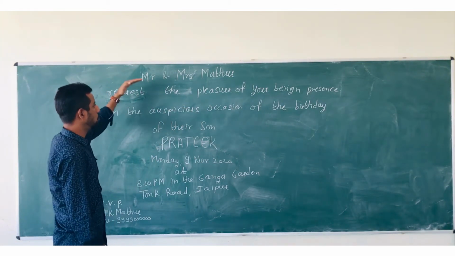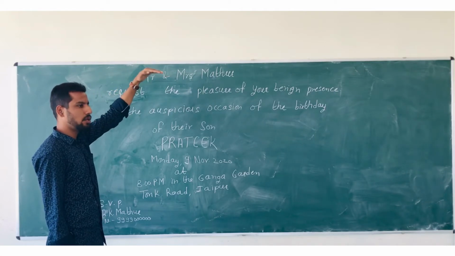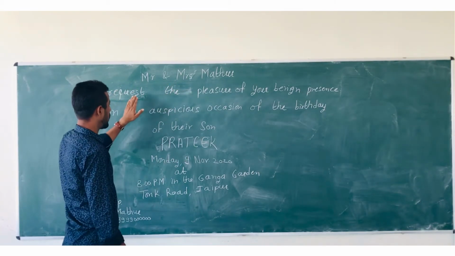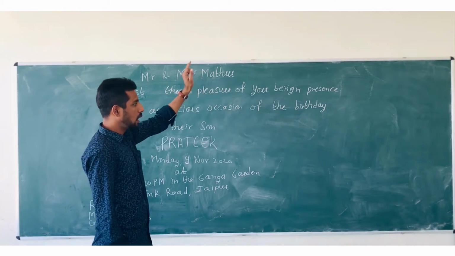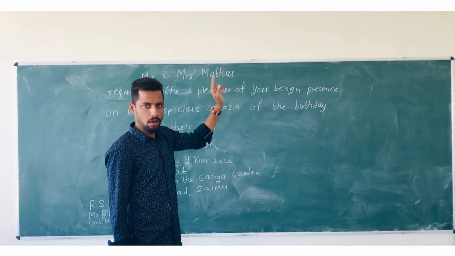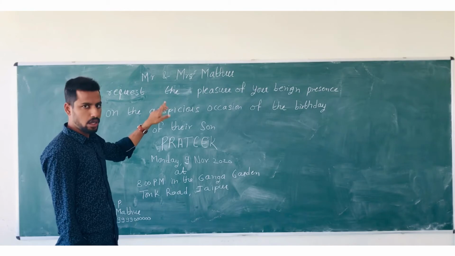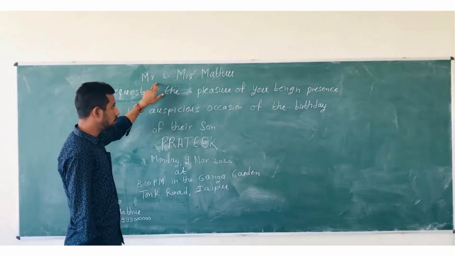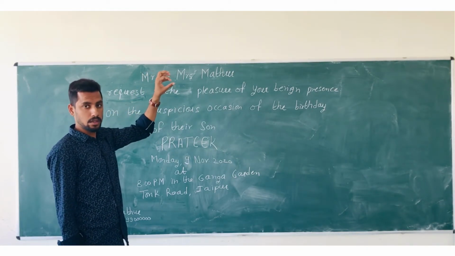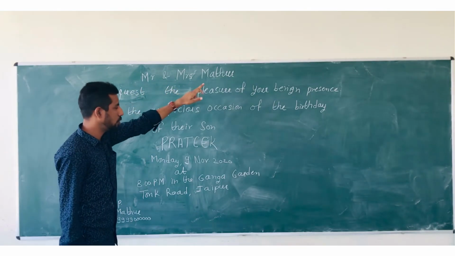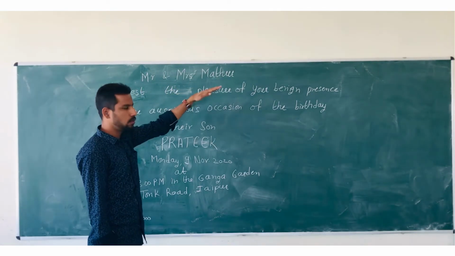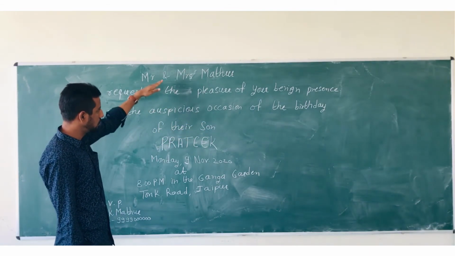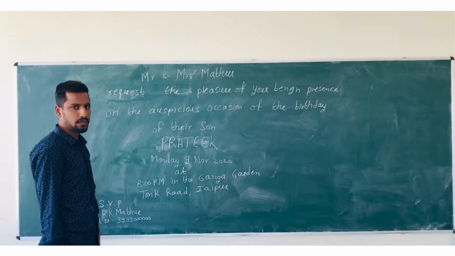So if you are Mr. and Mrs. Mathur and you are inviting Mr. and Mrs. Verma, you can write: Mr. and Mrs. Mathur request the pleasure of the company of Mr. and Mrs. Verma on the auspicious occasion of the birthday party of their son Prateek, like this, okay?